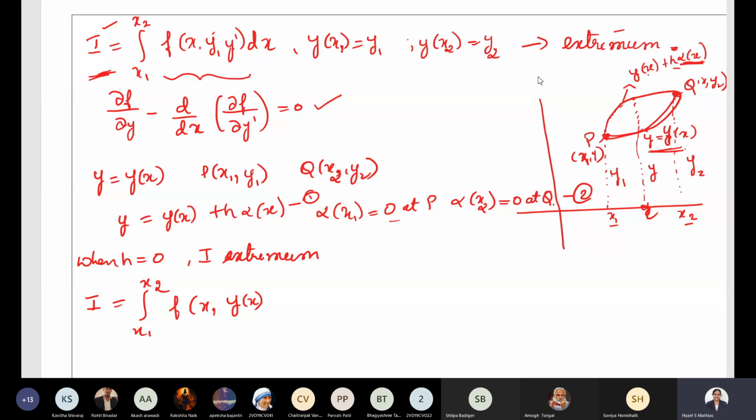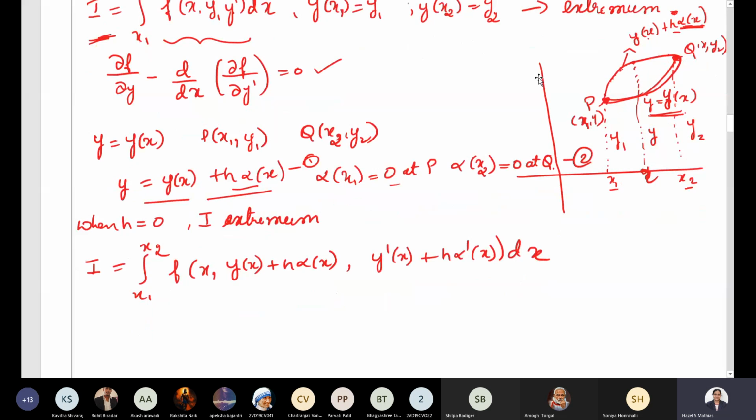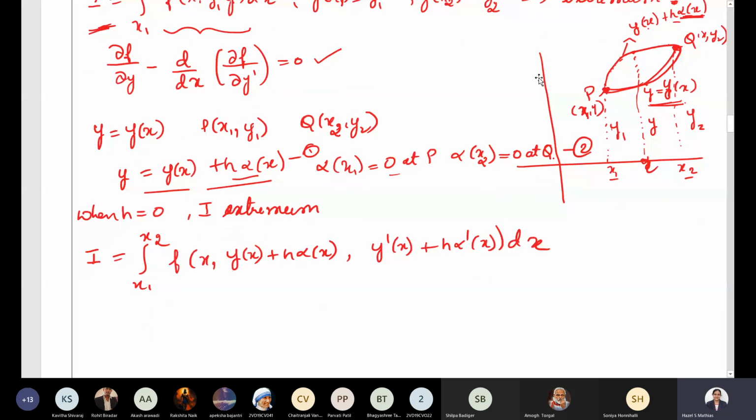Substitute y of x plus h times alpha x. And y dash will be y dash of x plus h times alpha dash of x. This is what we have got by substituting the values of y and y dash, where y dash is obtained by differentiating.